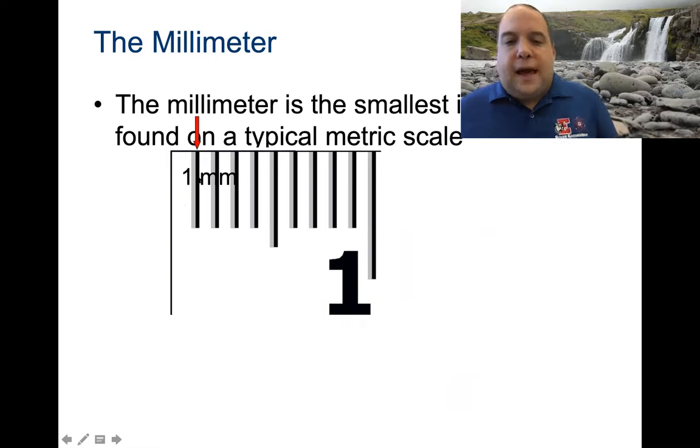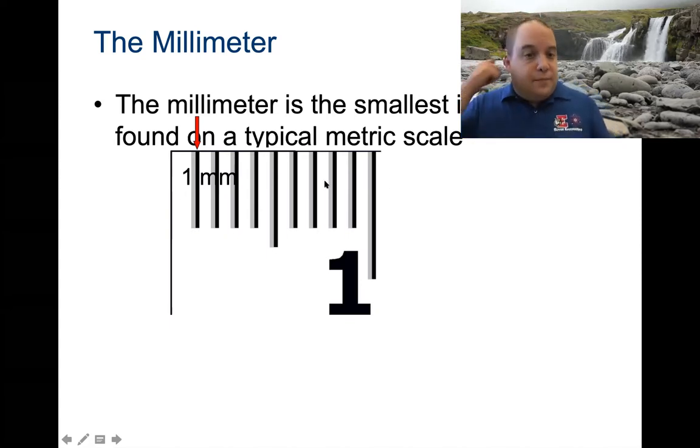So what happens is in between the 0 and the 1 or the 1 and the 2, you're going to have a series of 10 lines. 10 lines come across. So as you come across, the line that ends up in the middle is longer than the other lines. That line represents 5. That is the midway point.